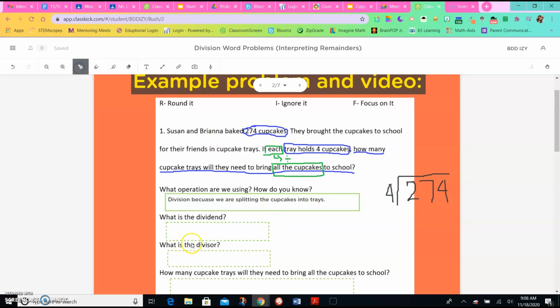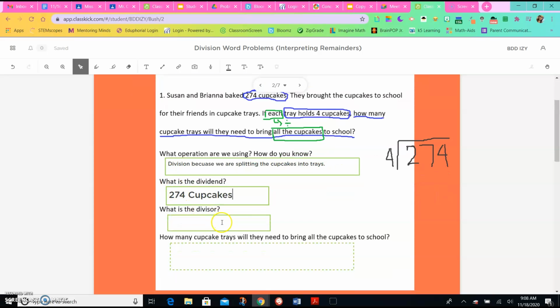So my dividend, which is inside of my house, is 274 cupcakes. My divisor is what's on the outside of my house, and that's going to be 4 on each tray. How many cupcake trays will they need to bring all the cupcakes to the school?